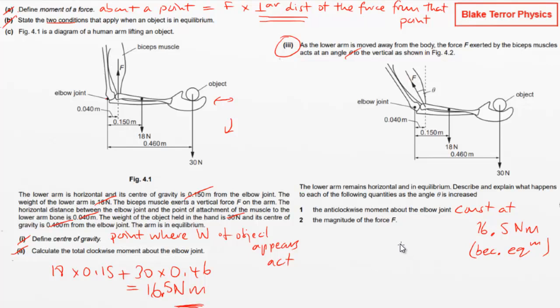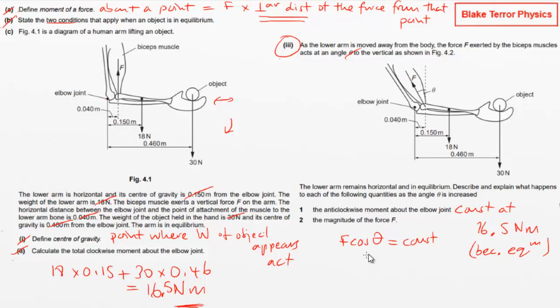And the magnitude of the force F. As this angle is increasing, what we want is F cos theta has to stay constant. So that equals a constant because D is a constant.